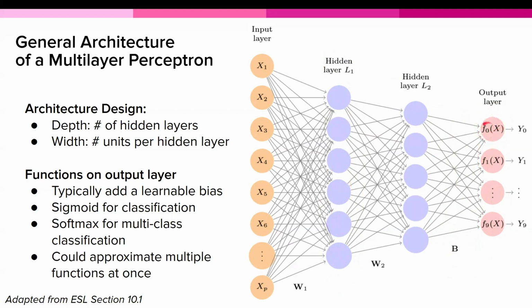And we might be interested in nonlinear functions of the hidden activations. So for example, this F might be a sigmoid for classification. We might apply a softmax if we've got a multi-class classification problem. And in some cases, you might want to learn multiple functions at once.